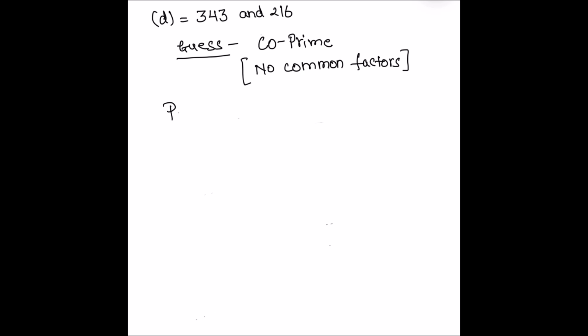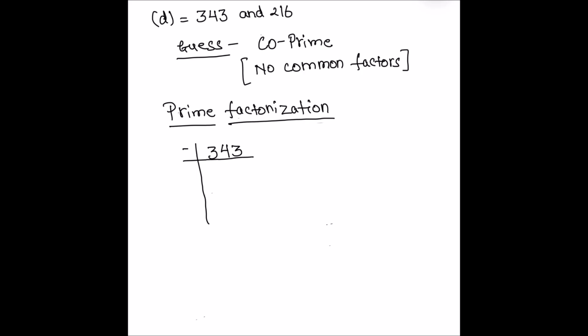Let's do the prime factorization of both the numbers. So first we'll do the prime factorization of 343. So 7 times 4 is 28. 6 is remainder. This becomes 63. 7 times 9 is 63. 7 times 7 is 49. And 7 times 1 is 7.